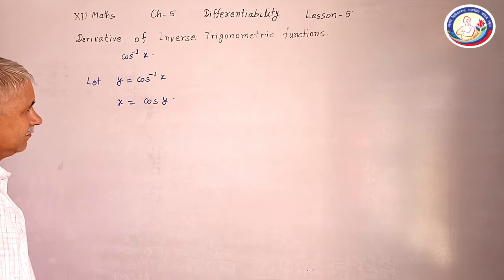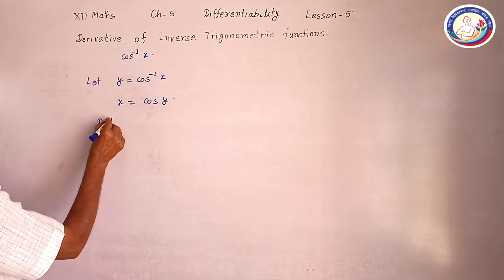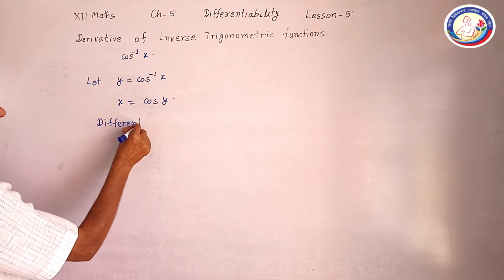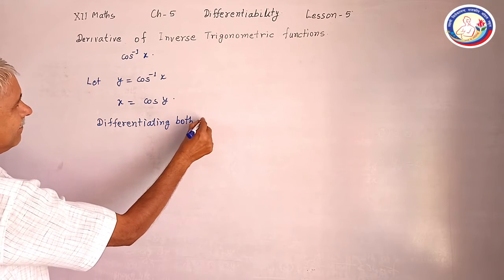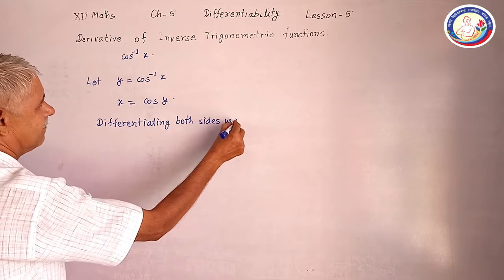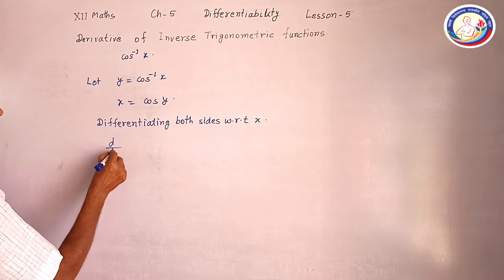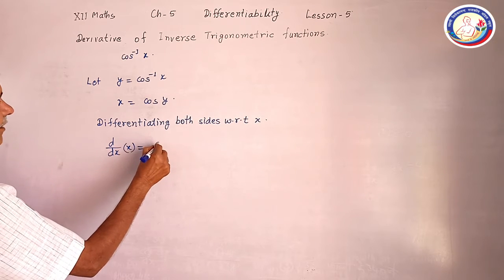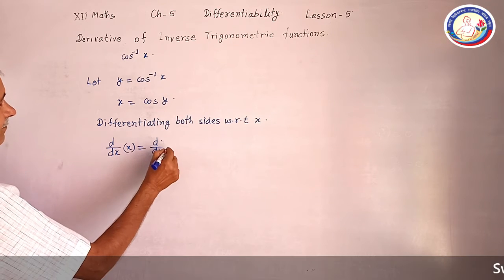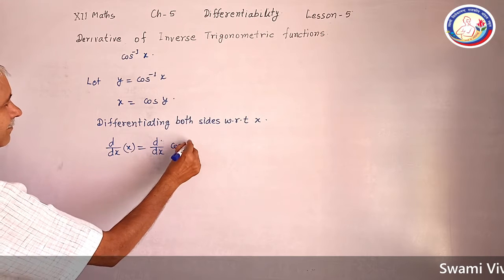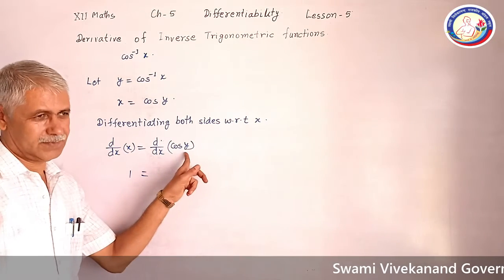Differentiate both sides with respect to x. This will be derivative of x with respect to x and derivative of cos y with respect to x. This is simple, it is equal to 1. Now, this is function of y, cos y.